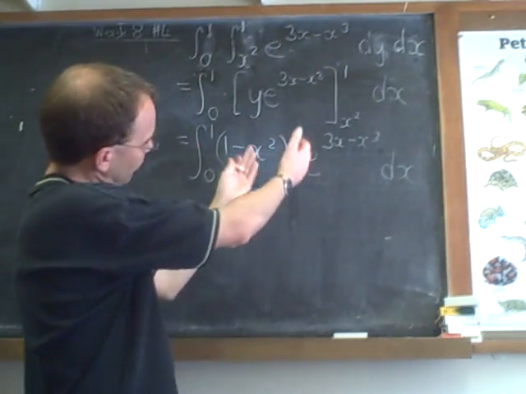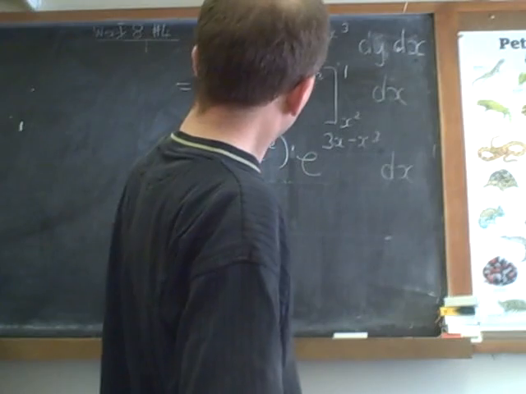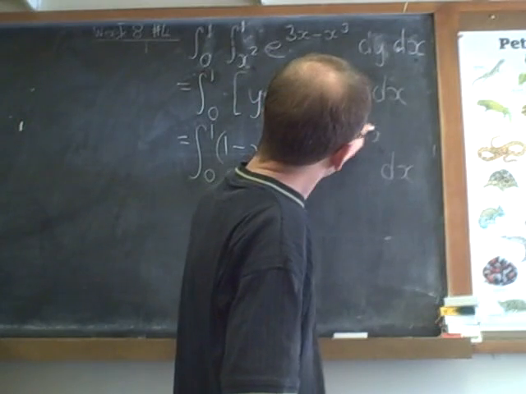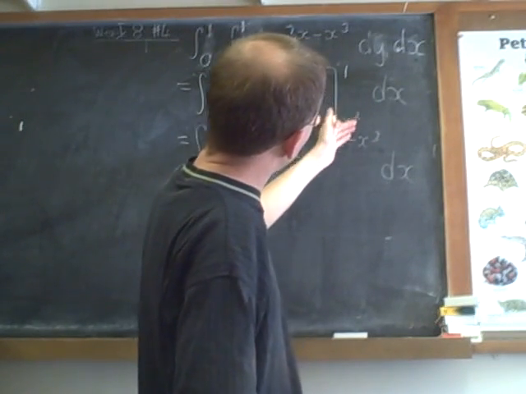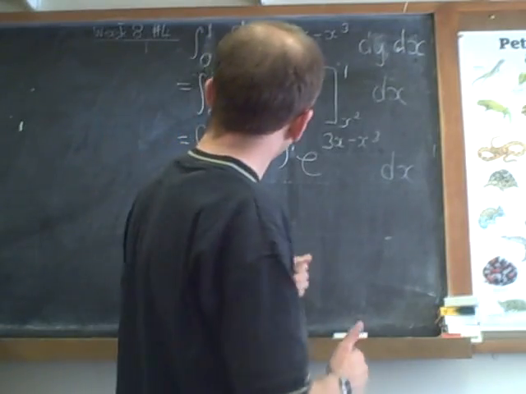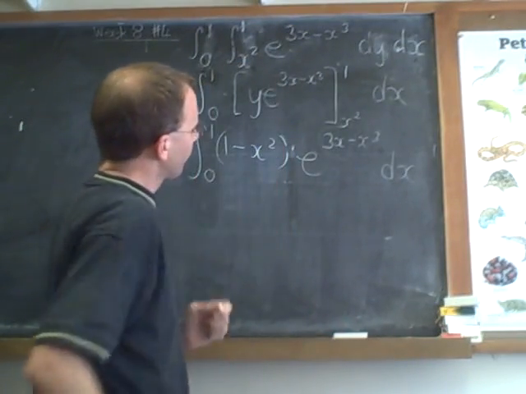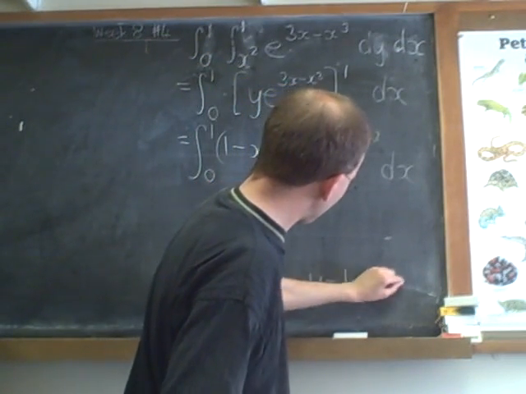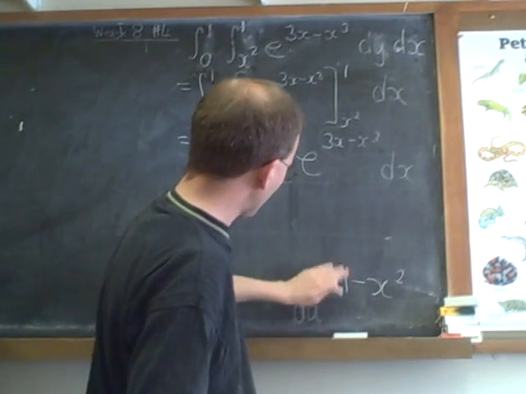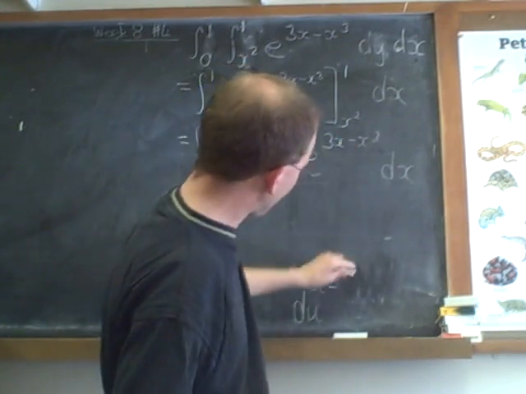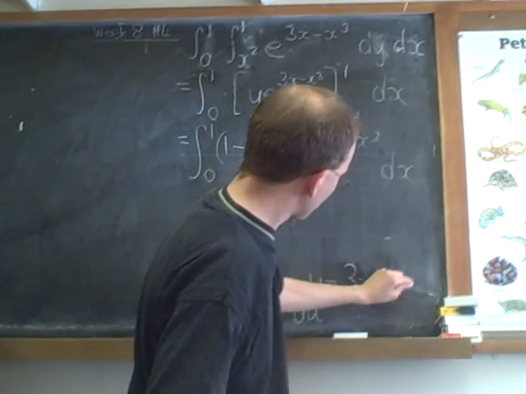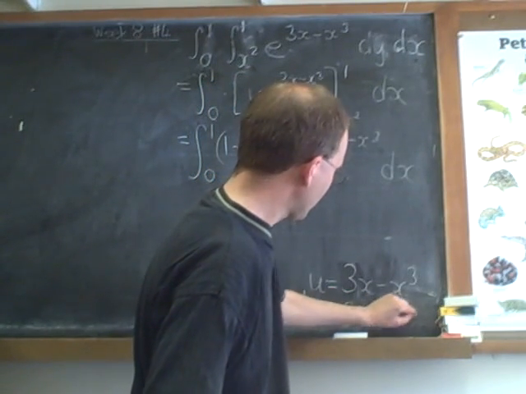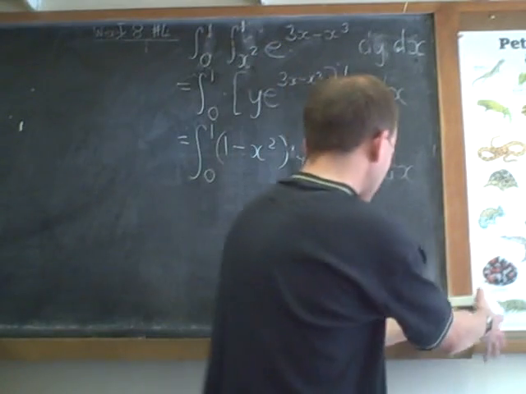Now, it may look like a product that you try to do by parts or something, but just look at it. This is right for a substitution because we've got a kind of inner function here. And if we differentiate this with respect to x, then up to a scalar multiple, we actually mop up this factor. So what I'm saying is, let u equal 3x minus x cubed, and then du is 3 minus 3x squared dx.